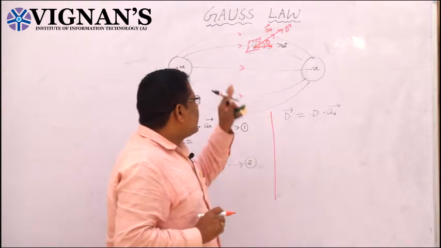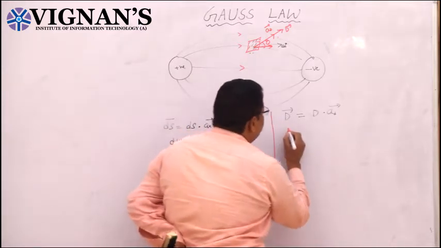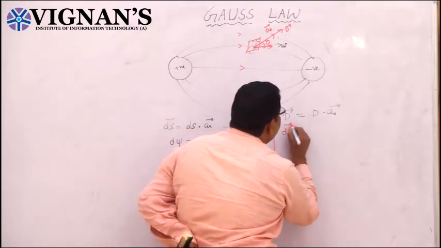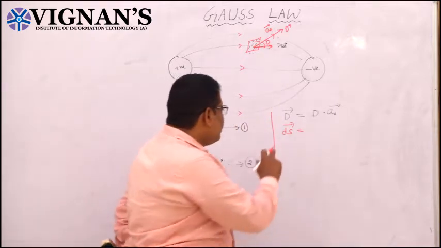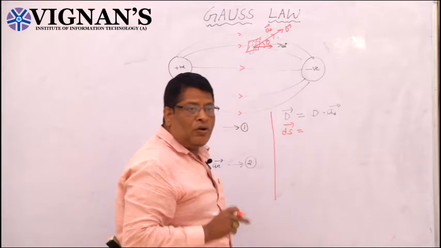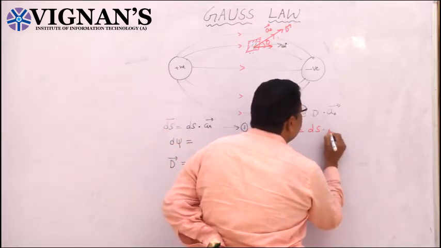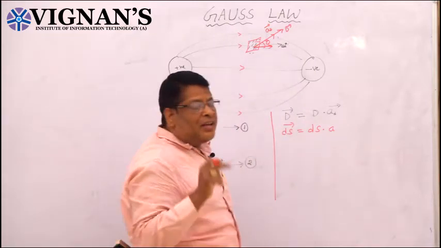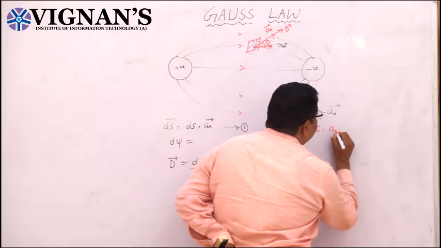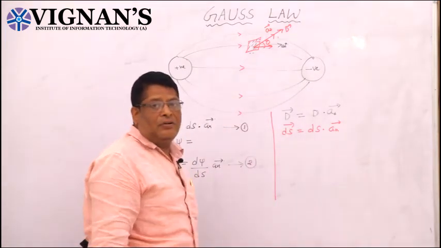Now, dS bar. dS is nothing but the differential surface area. The differential surface area equals the magnitude of the differential surface area dS into the unit vector perpendicular to the differential surface area, that is a n bar.